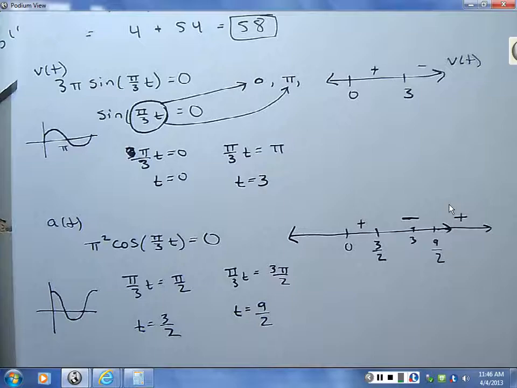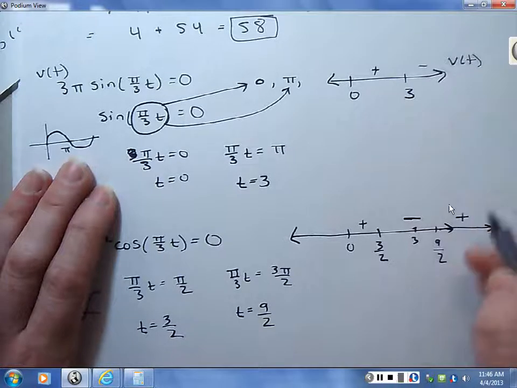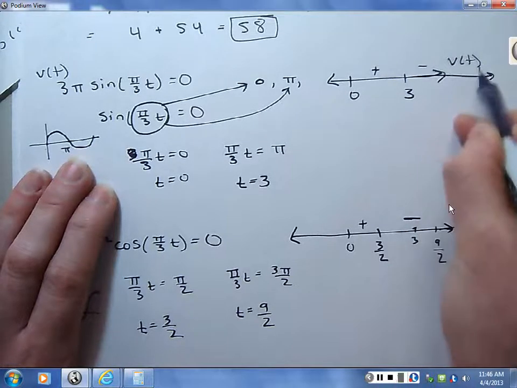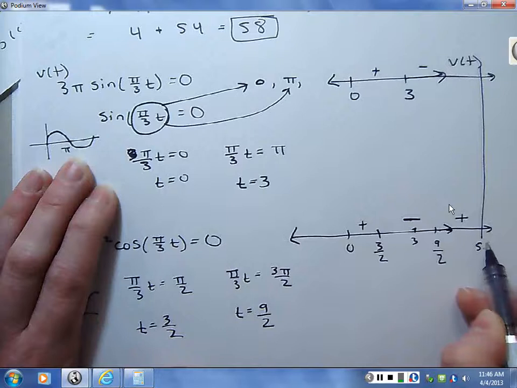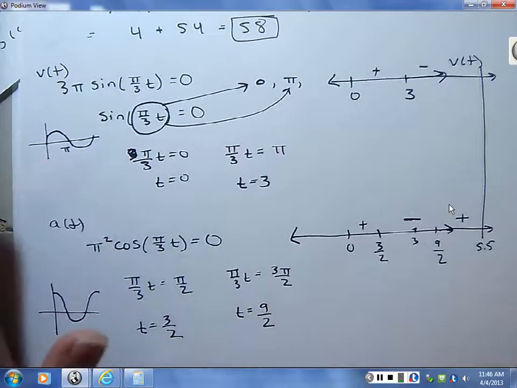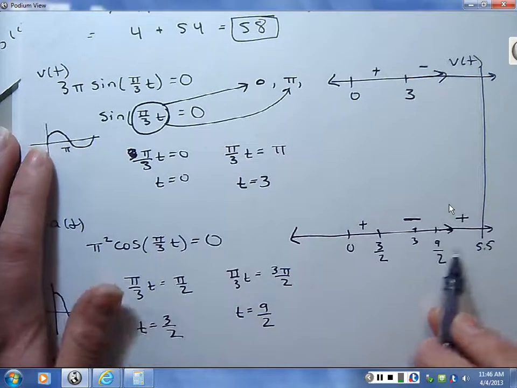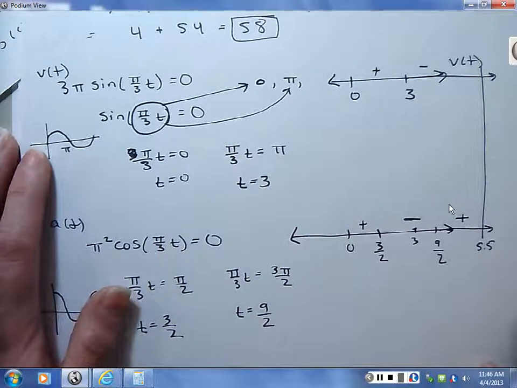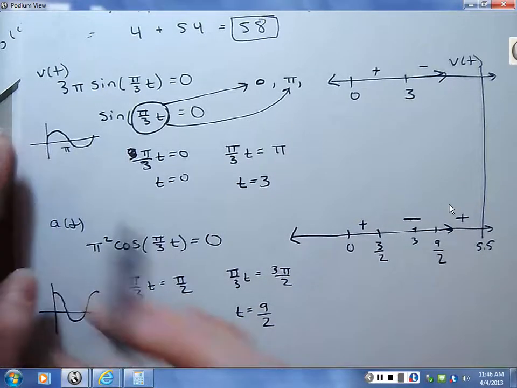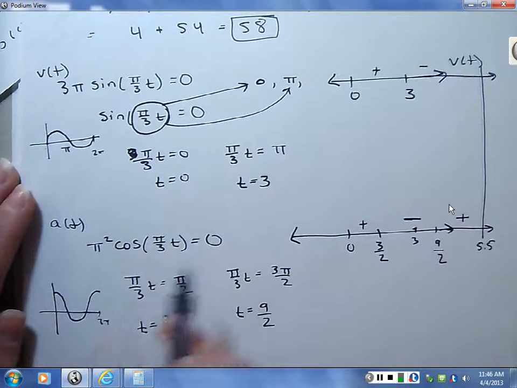So I stop at 5.5. This goes here. This is 5.5. 2 pi would be greater than 6, right? So this would be 3 pi over 2. Yeah, because this would be 2 pi. So I've accounted for everything.